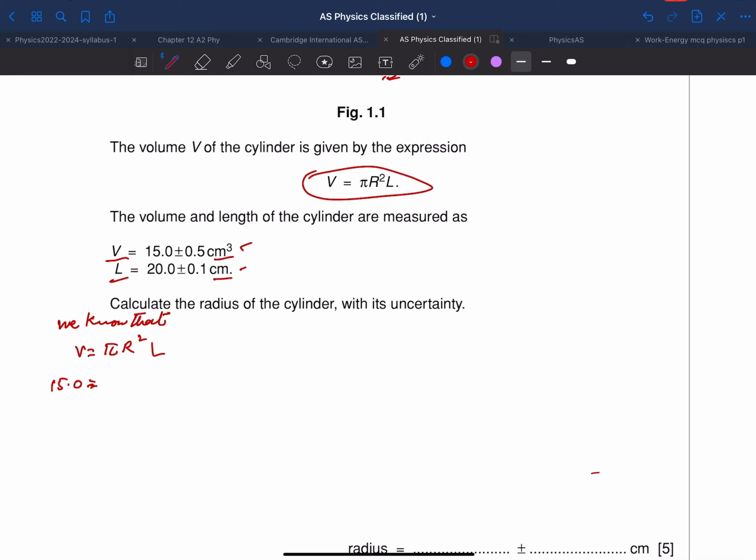Pi R square L is the formula given, and you know that the value of pi is 3.14, so just write this value as well.